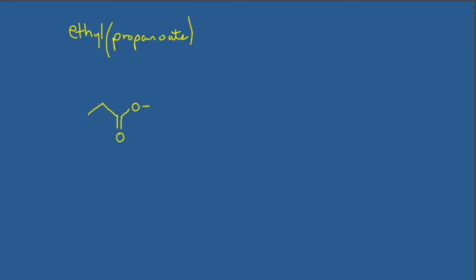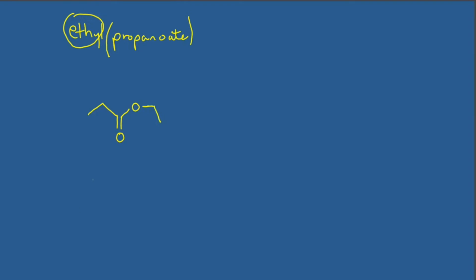Now, the H from the acid has been replaced by the ethyl group that I've got in the name up there. So, I shouldn't do it like this, I should do it as skeletal. So that would be 1 carbon, 2 carbons.